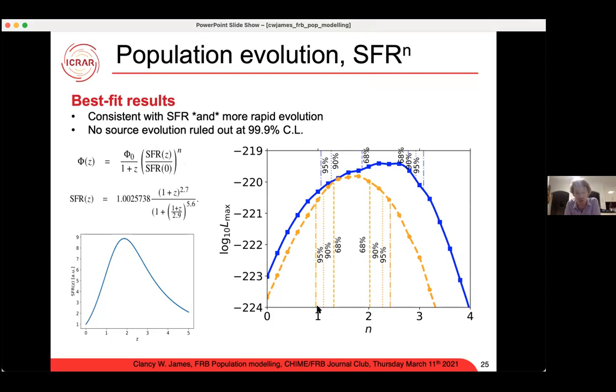What the actual truth is, I don't know, but it is 100% an evolving population, which probably rules out models where you have, let's say, a merger model with a very long duration to a merger.